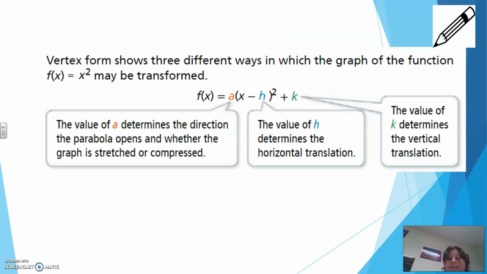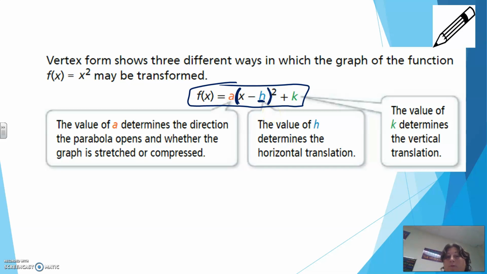This is the one that you want to write down. Again, we have f of x equals a times parentheses x minus h, squared, plus k. Let's start with the h. We said the h and k give us the vertex. The value of h determines the horizontal translation. Since it's inside the parentheses with the x, it's impacting the x value, which is why it's moving it left or right.